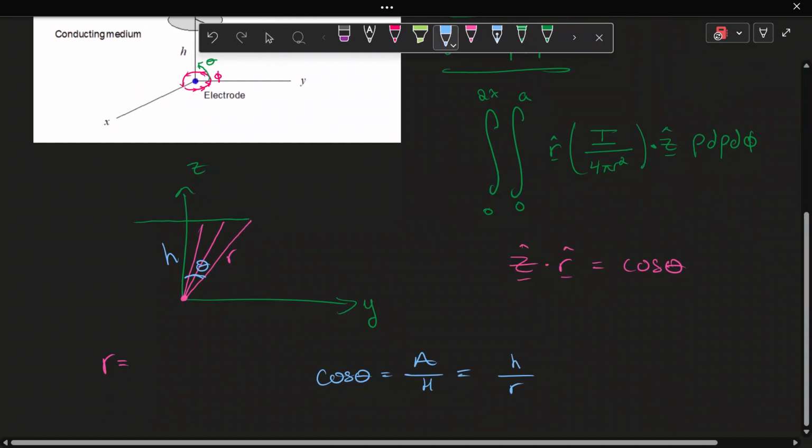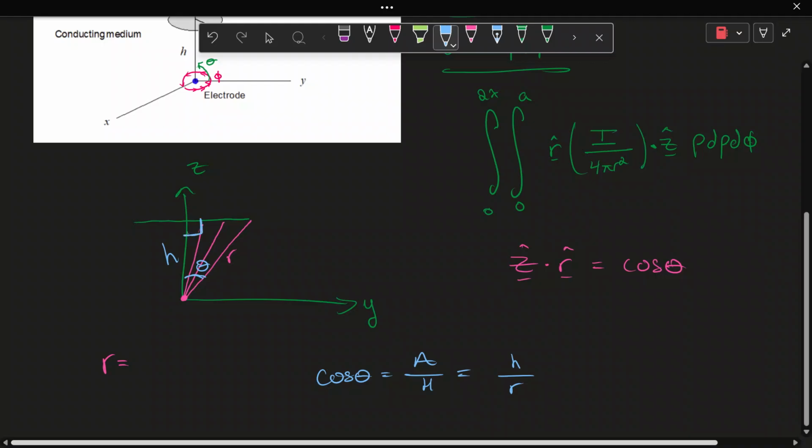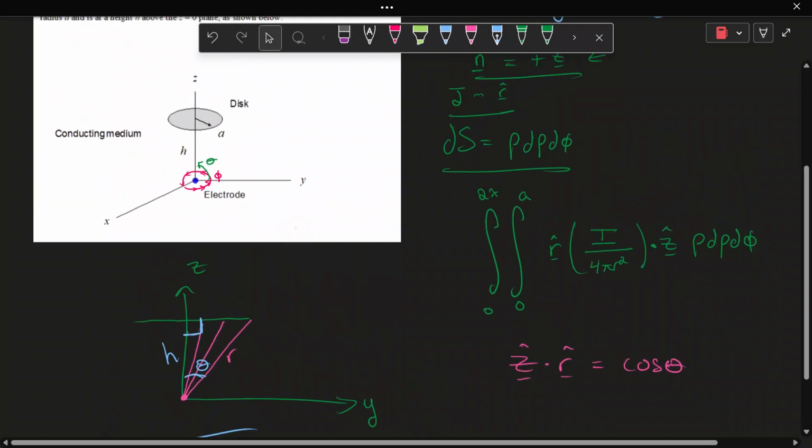That's the adjacent side. Well, what is r? If we look at this here, remember this is a right triangle, it's going to be the square root of h squared plus, well, we have to have the other side. We can't do this without it. The other side is going to be the radius of the circle, or a.